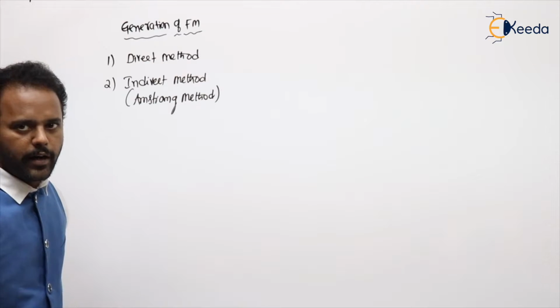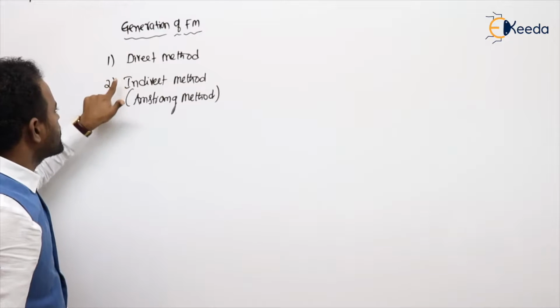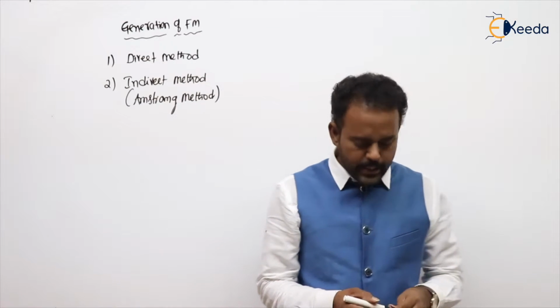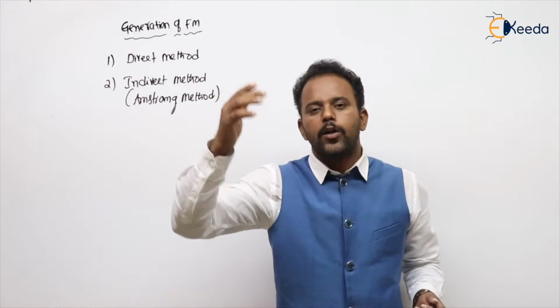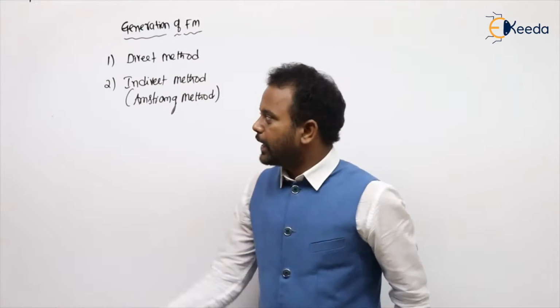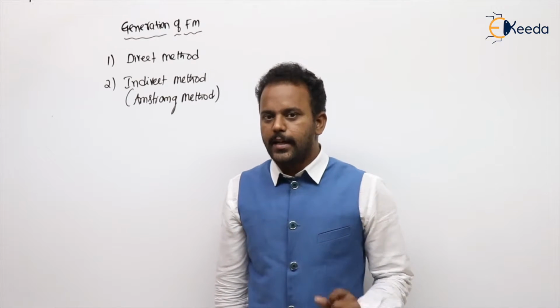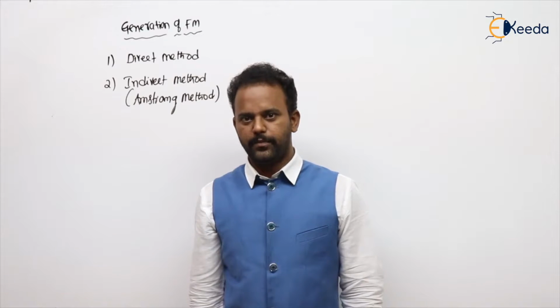Are you getting my point or not? What is the difference between direct and indirect? Direct method means directly we are generating WBFM only, wideband FM. Why do we call it the indirect method? Because here first we are generating the NBFM signal.